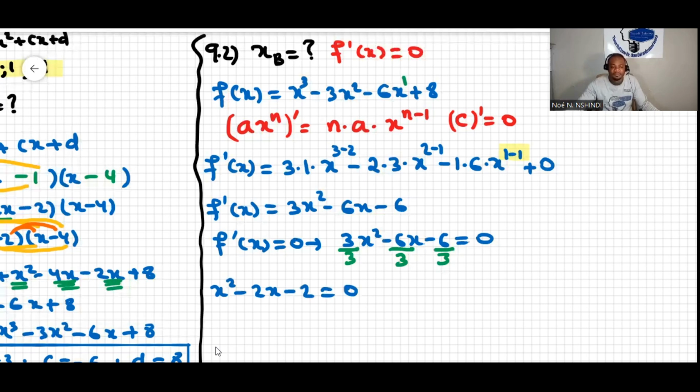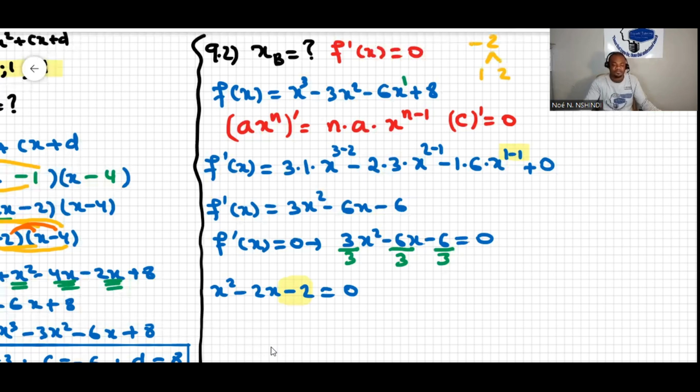Now, to solve this, let's see if we can solve it by factorization. I'm going to look at the constant term here, which is -2. Let me write here -2. Now, the factors of 2 are just 1 and 2.